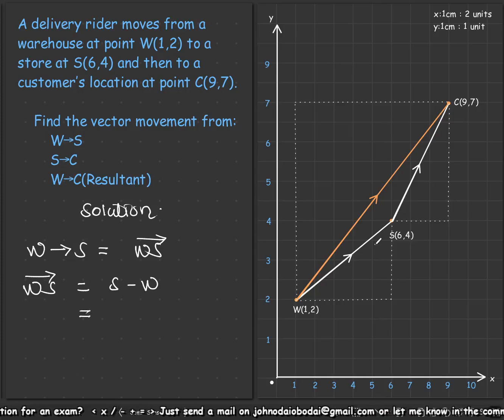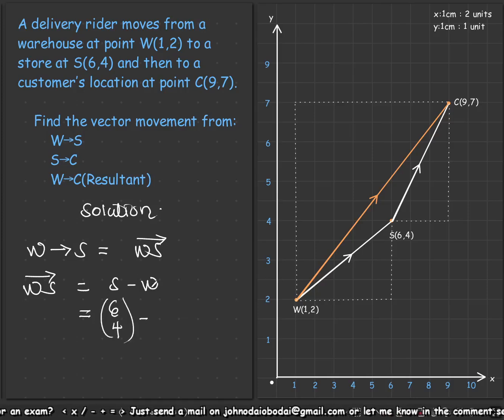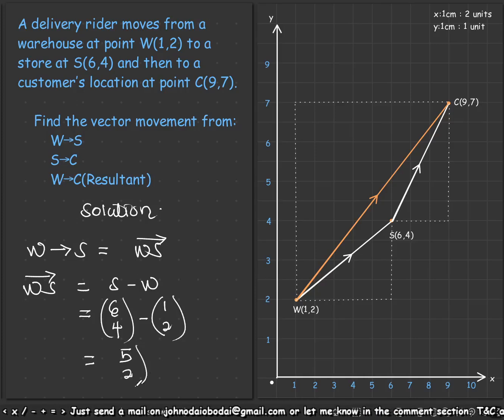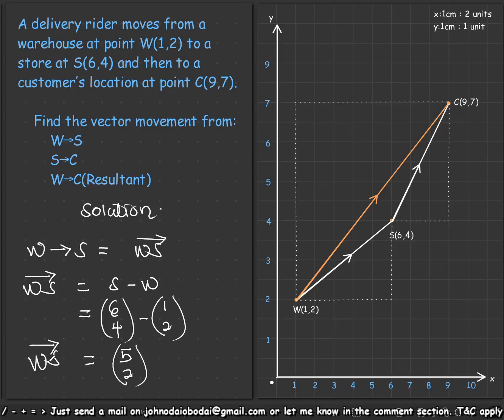That is going to be, we know S to be 6, 4, minus W, which is 1, 2. And evaluating that, we have 6 minus 1, which gives us 5. And then 4 minus 2, which would also give us a 2. So this is the vector WS, as simple as that. Okay, so the first one is solved.